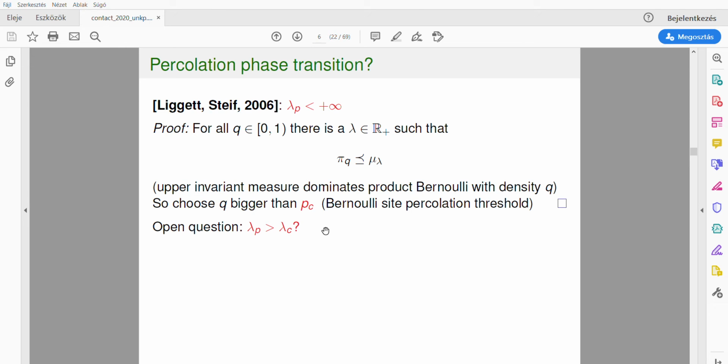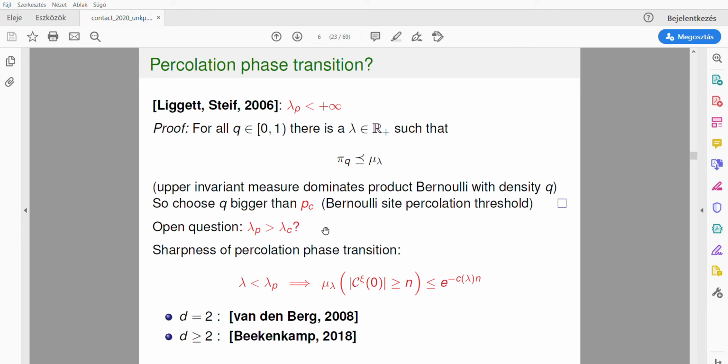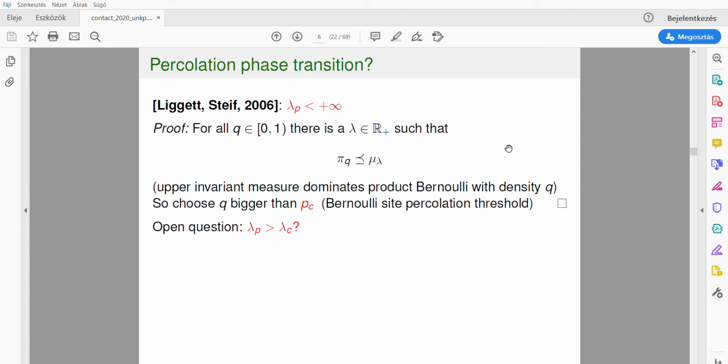So the question is, can you choose a lambda for which there is an epidemic, for which the upper invariant measure is non-trivial, yet it does not percolate? It only has finite connected components. This is a question which is open.